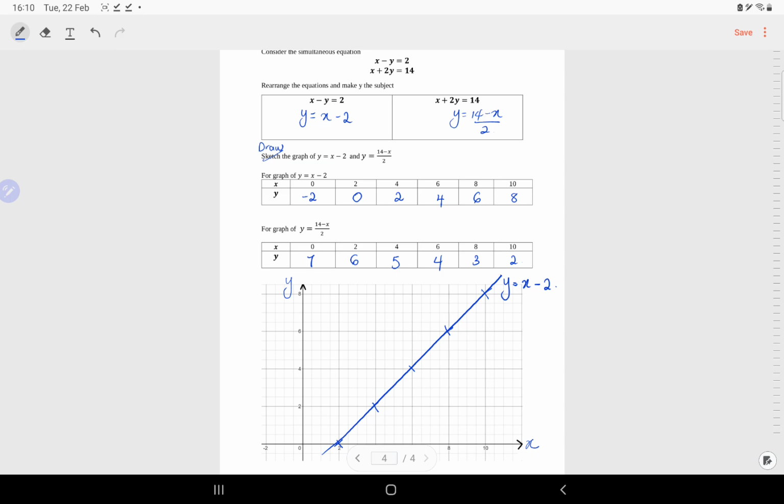I was saying just now that we are plotting points for a linear equation, so you know that you will get a straight line.